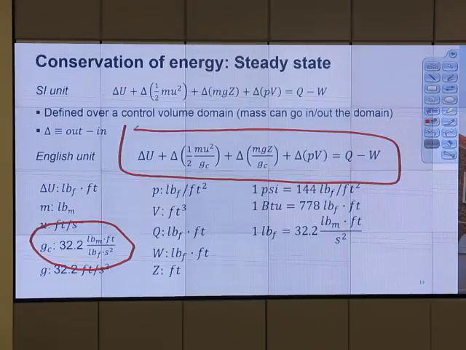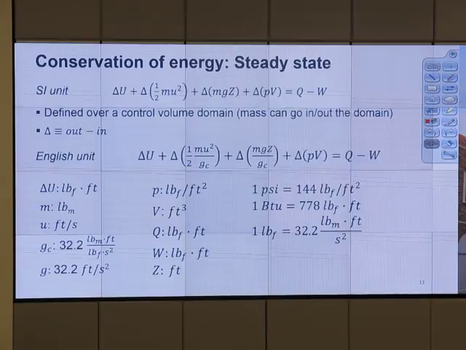No, in SI that would be 9.8. So if I write in SI, that value will be 9.8 or 1? You want 1? 1. Not 9.8, okay.